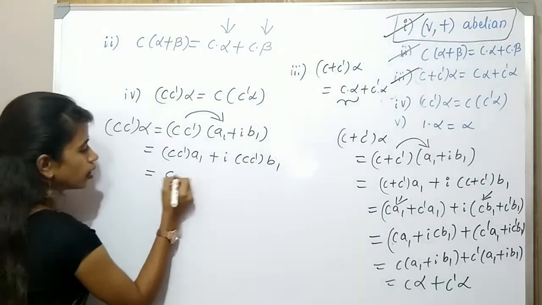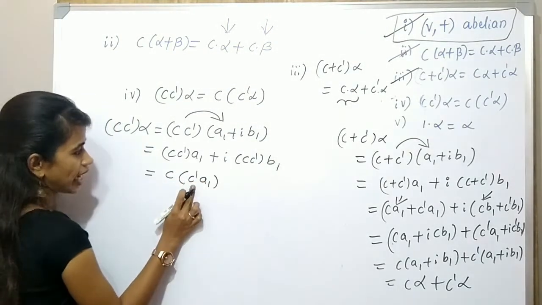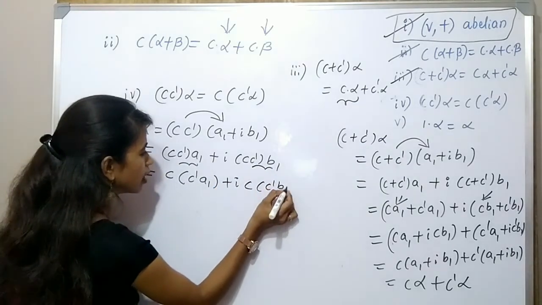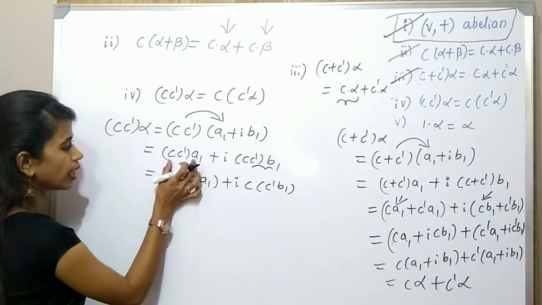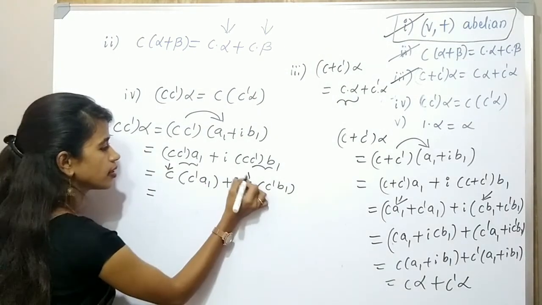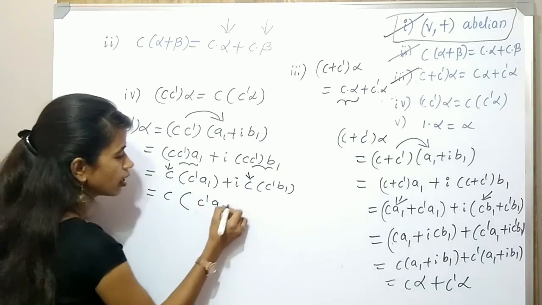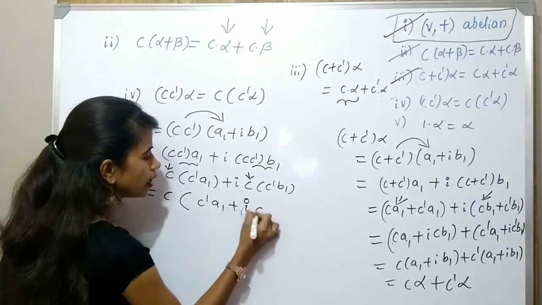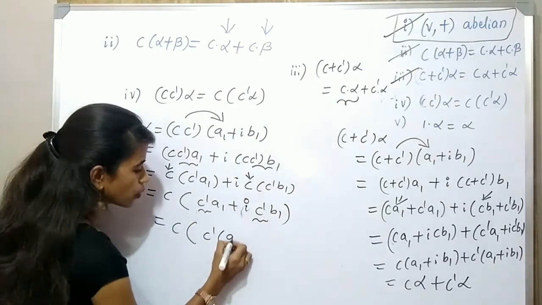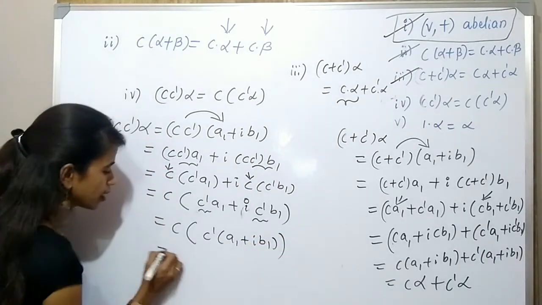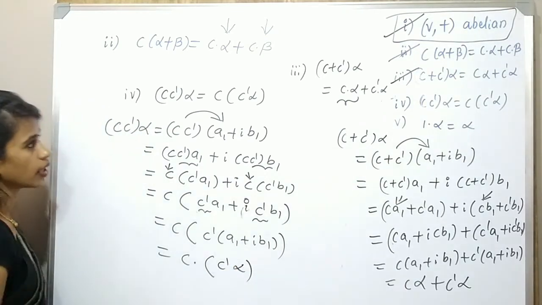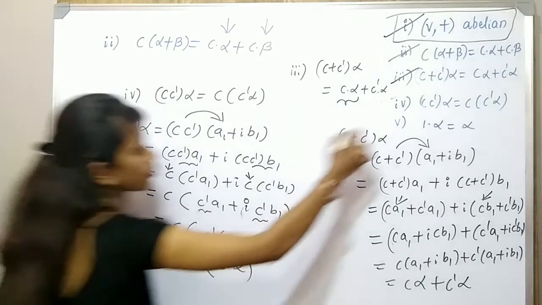So now take the bracket for c dash A1, and here take the bracket for c dash B1. This is because the associative law is satisfied in R. So now here c is common, take outside: c dash A1 plus i into c dash B1. So now c into c dash is common, so A1 plus i into B1. So that is c into c dash, what is this one? Alpha. Okay. So c into c dash alpha. Fourth one is also over.